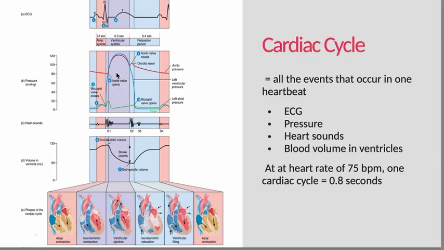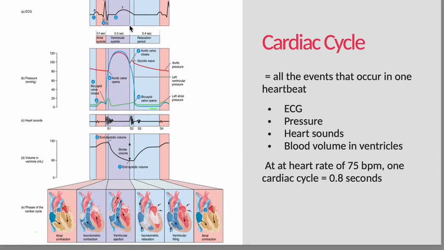As the ventricle starts to contract, the pressure is going to build inside that ventricle until it reaches a certain point, and we are going to be able to eject that blood into the aorta. You see our volume in that ventricle decrease. So here's our volume in our ventricle decreasing as our pressure's building because we're contracting, and then it's going to start to decrease because now it's passing that blood to the aorta.